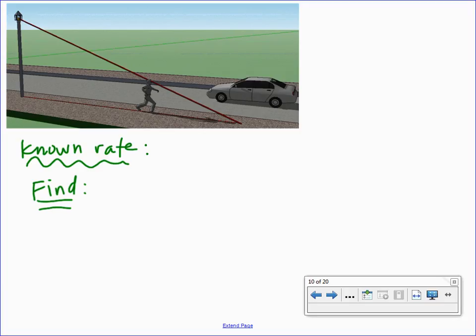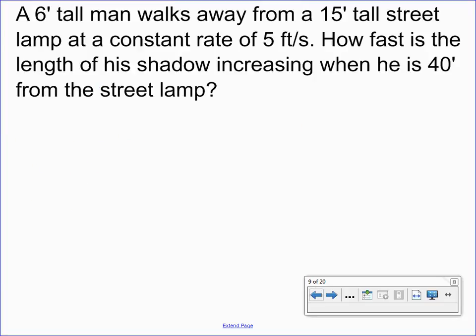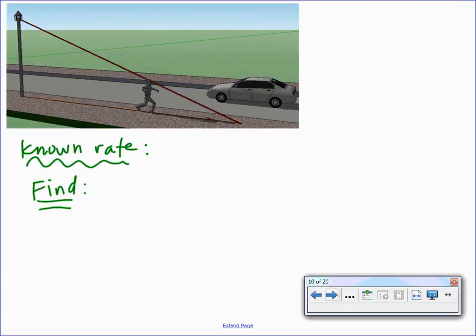All right, so what do we know? We know that he's walking away from the street lamp at a constant rate of 5 feet per second. And so I've got that. We want to know how fast the length of his shadow is increasing when he's 40 feet from the street lamp. So it looks like that horizontal distance from the street lamp to the man could be a distance of x.